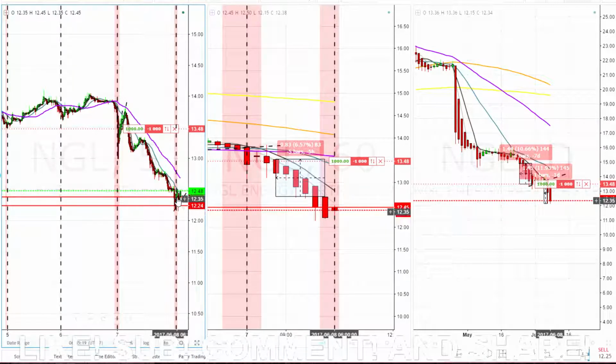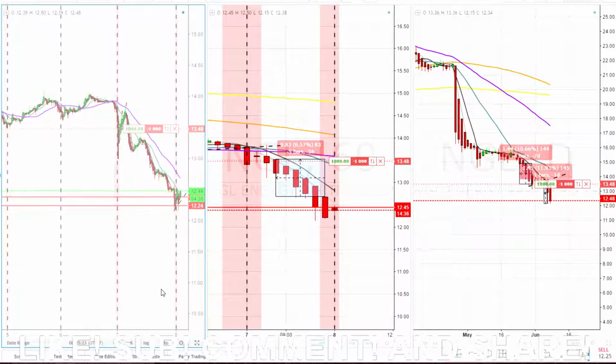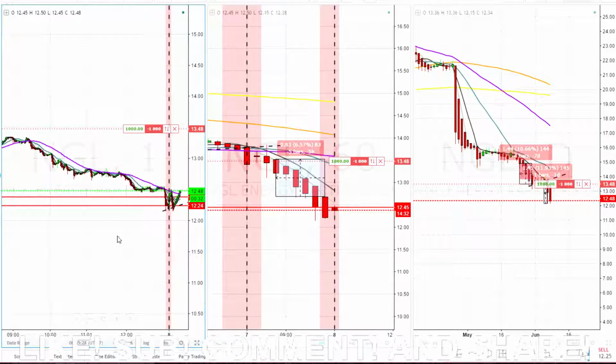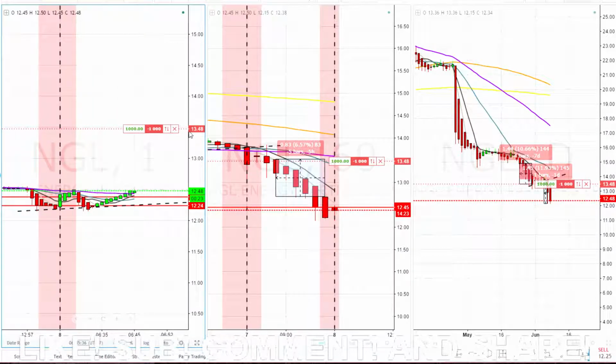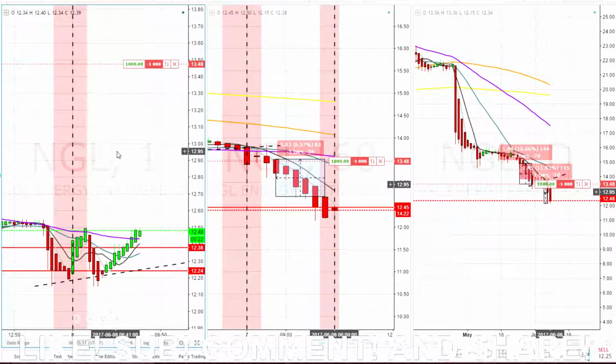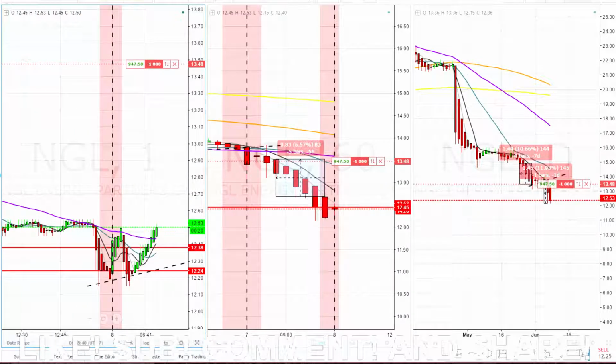Yeah, so this might be it right here. Yeah, I think this is it. And it's just breaking above. That looks like a pretty strong move. Yeah, I'm going to get out right here. We will cover.